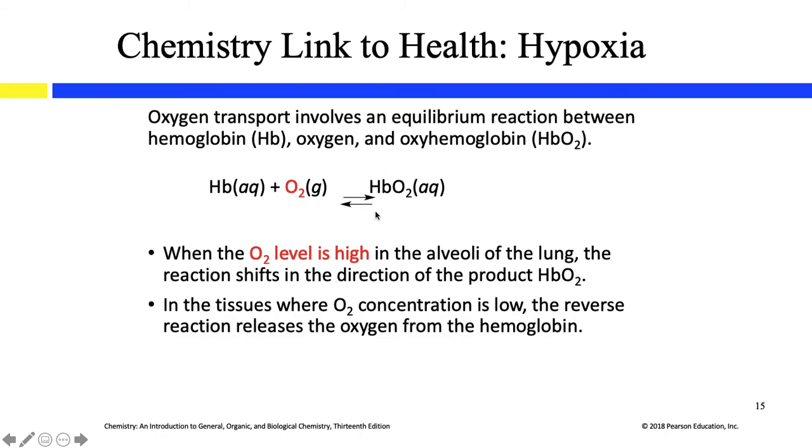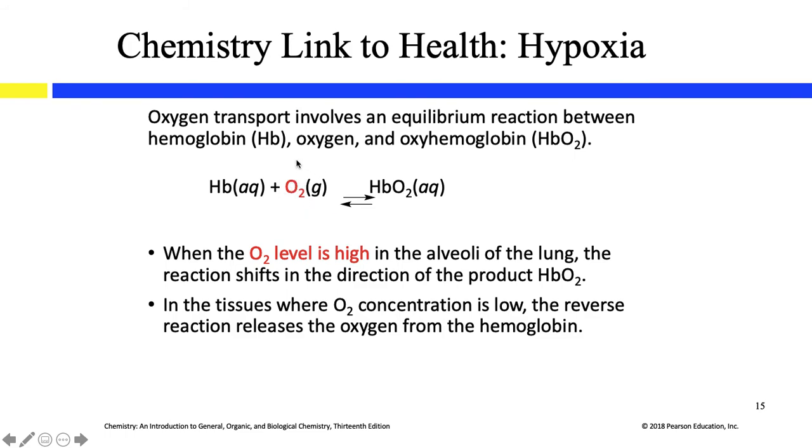As oxyhemoglobin travels through our blood into tissue, the concentration of oxygen is low in our tissue because it's being used up for all the biochemical processes that are needed. Therefore, if I decrease the concentration of oxygen, my reactant, this reaction is going to shift towards opposing that change.